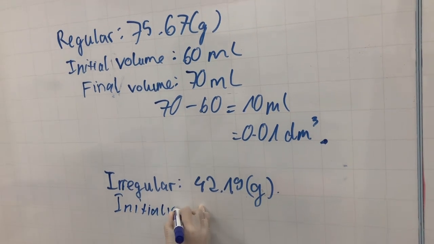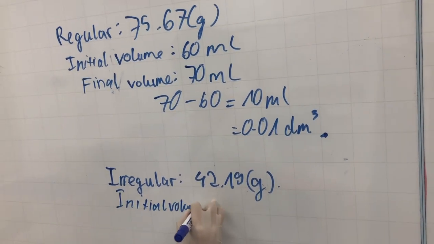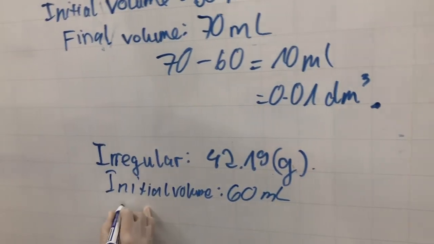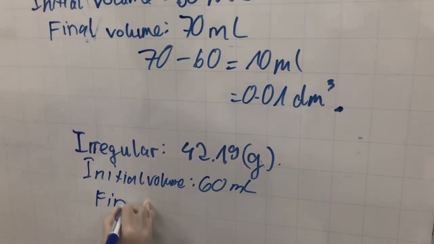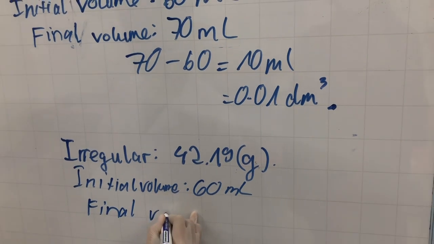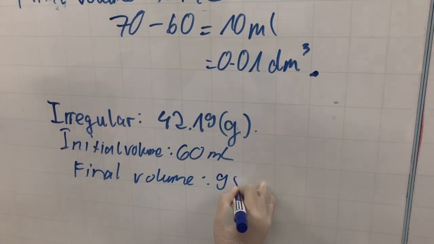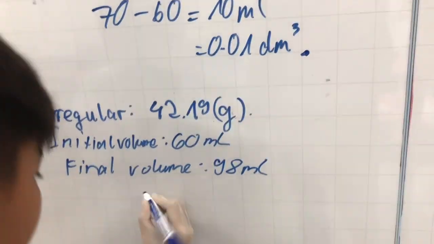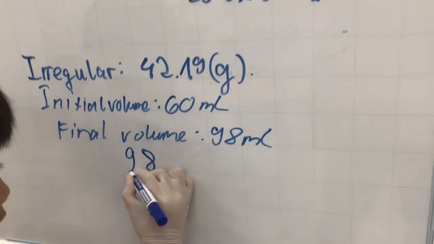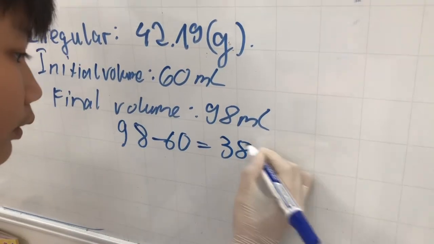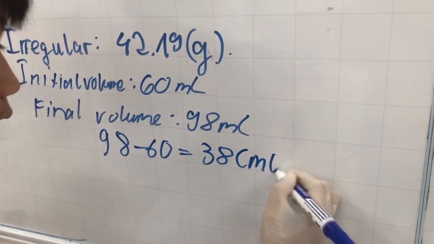So we have the initial volume, which is 60 milliliters. The final volume, we end up at 98 milliliters. So the difference between the final volume and the initial volume is 98 minus 60, which equals 38 milliliters.